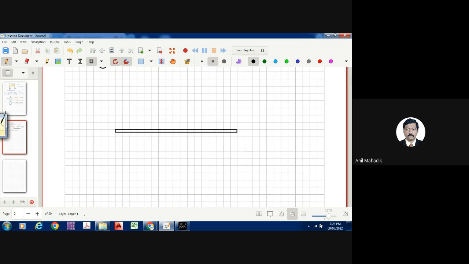Now we are moving ahead. Let's say we have one example, and there is one person sitting here, and there is one child sitting here.